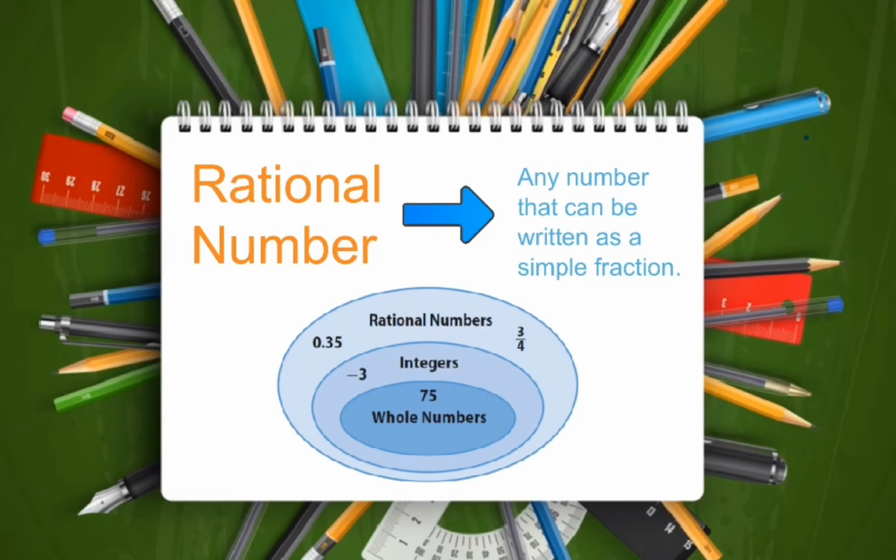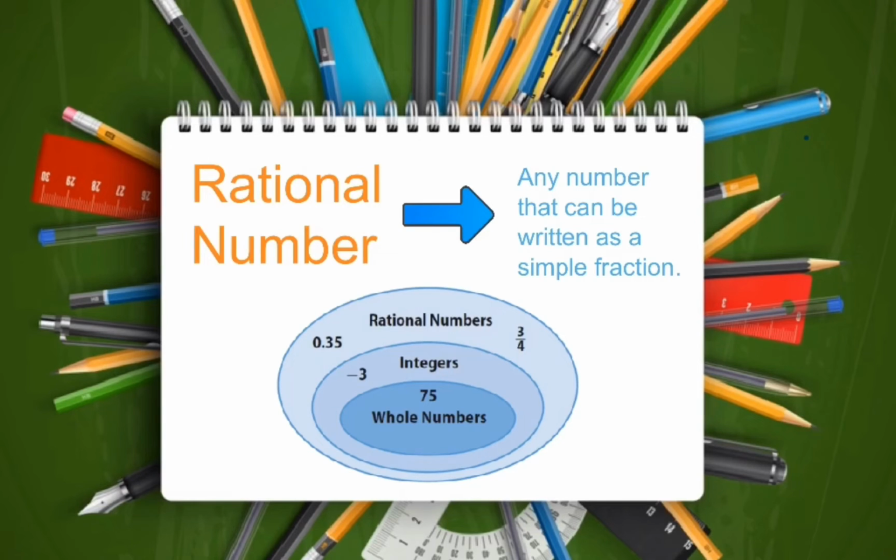Let's get a real meaning. A rational number is any number that can be written as a simple fraction. Fractions can be used to locate positions on a number line. These positions represent numbers, and these numbers are rational numbers.